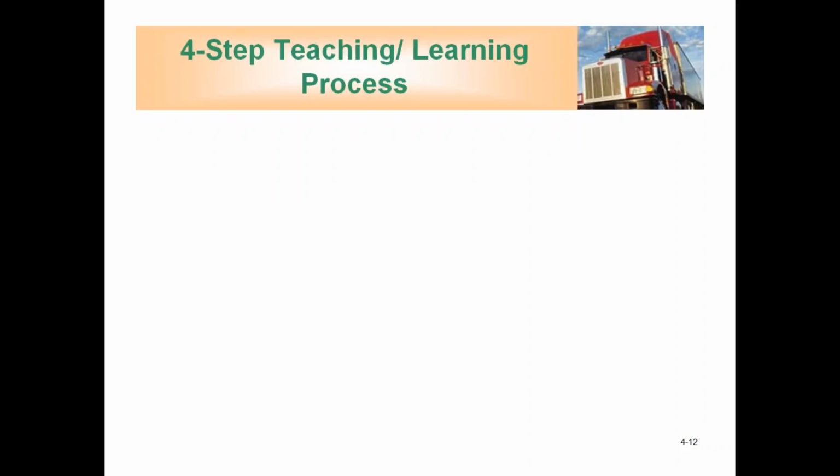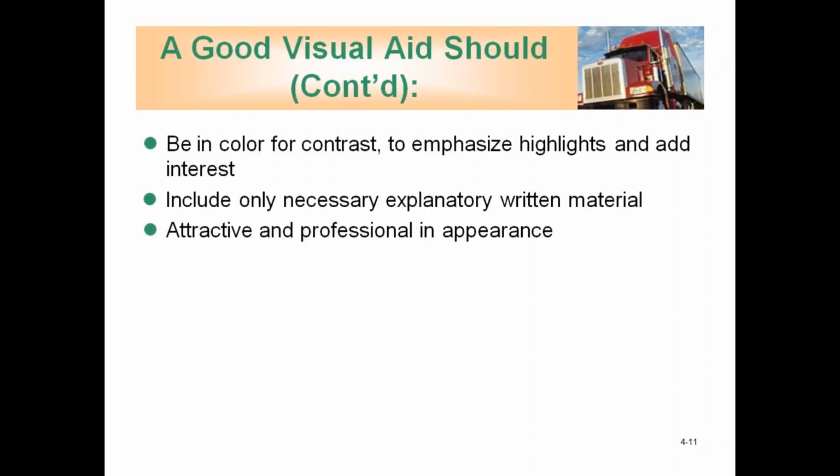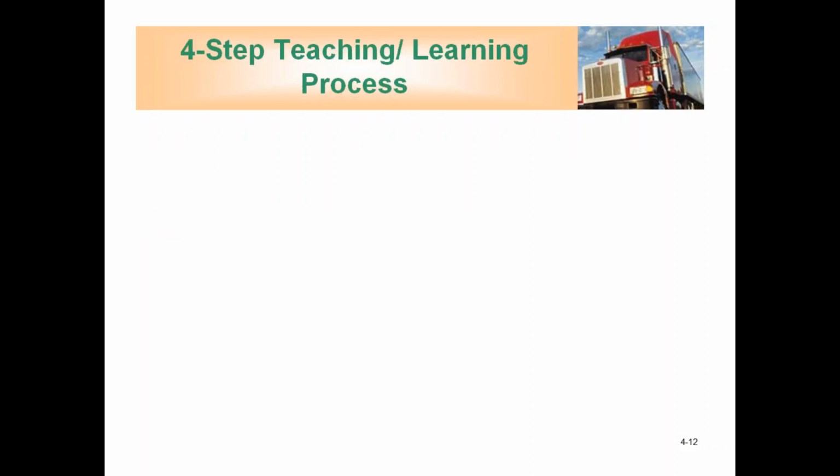Now, this is one part, the demonstration is done. Next part is the teaching learning process. Let's see what the various 4 steps or stages used in the teaching learning process are.